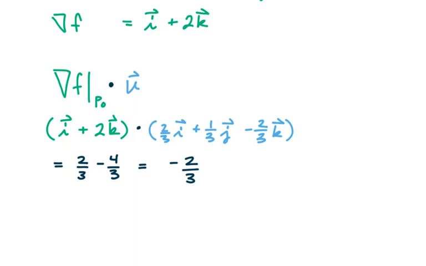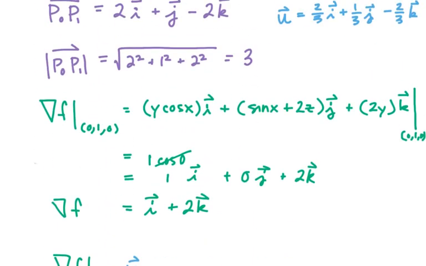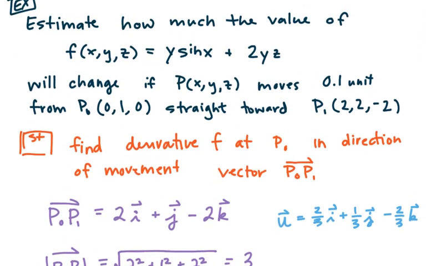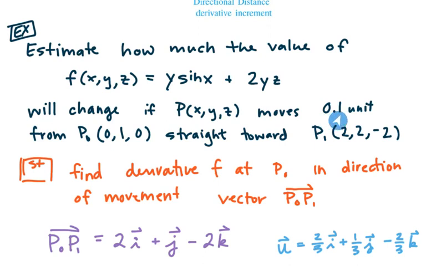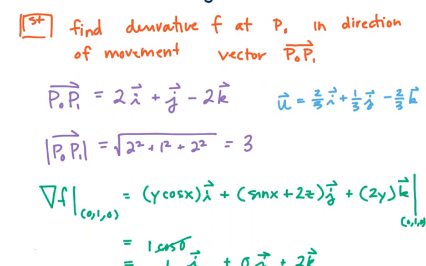So the formula that we stated was that df is that directional derivative, gradient f at the point dotted with u, times this small estimate or prescribed error, if you want to think of it that way, this differential of distance that we may be off. So how far away did we move? We moved 1/10 of a unit away.